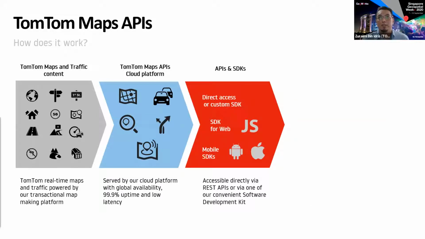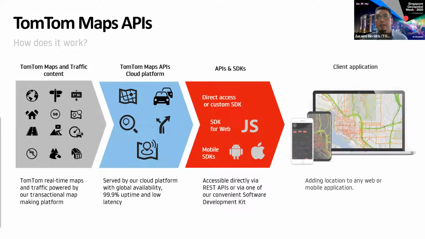Then it goes to the APIs and SDK, direct access or custom SDK for web and mobile. This is accessible directly via REST APIs or via one of our convenient software development kits, and through client applications, adding location to any web or mobile application.